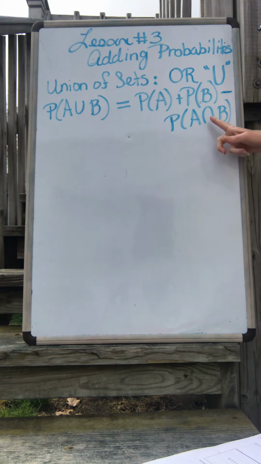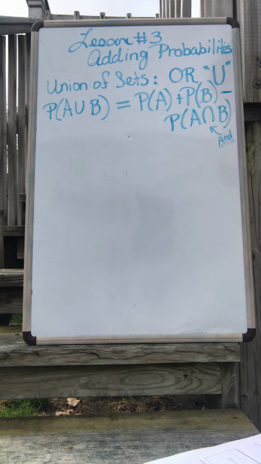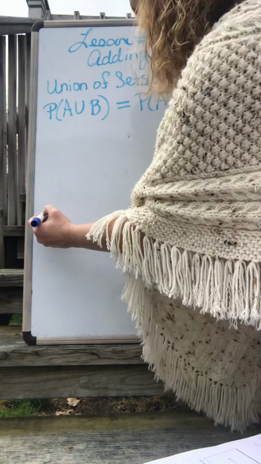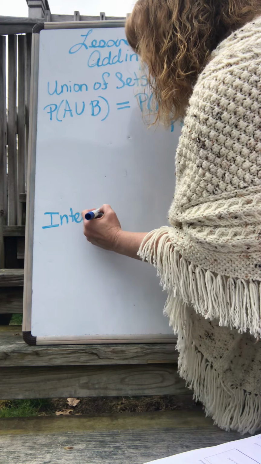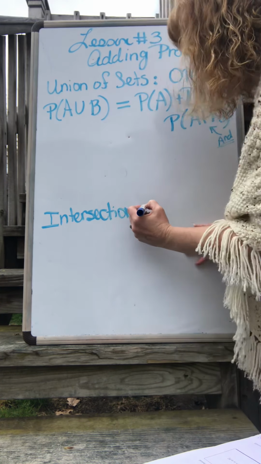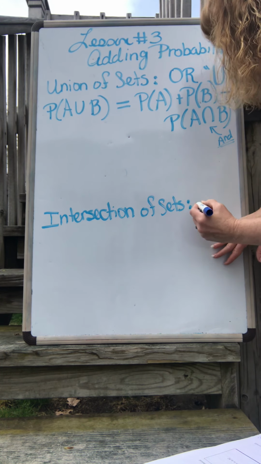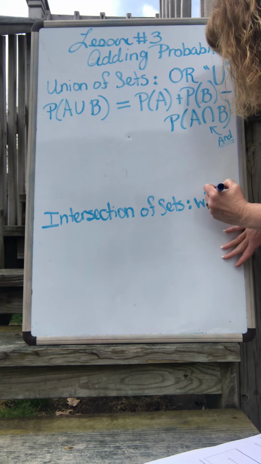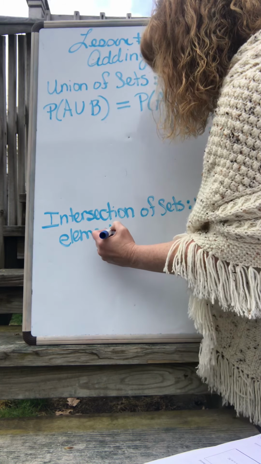Now I'm going to talk a little bit about this symbol as well. This is the symbol for and. This symbol means intersection. So let's step away from this for a moment and let's talk about and. If I am talking about intersection of sets, I am talking about what elements overlap.